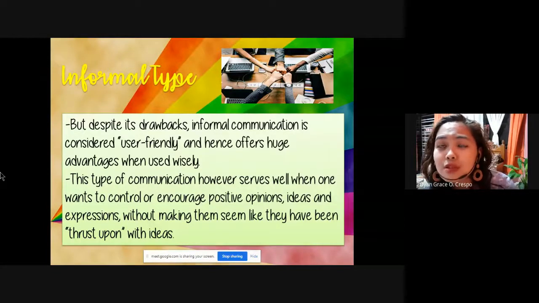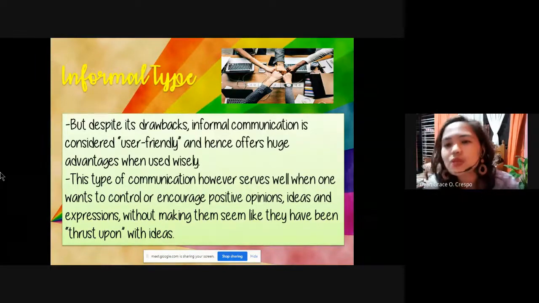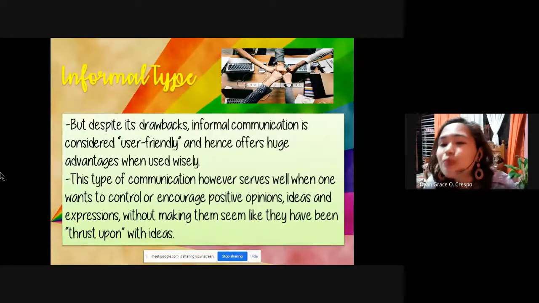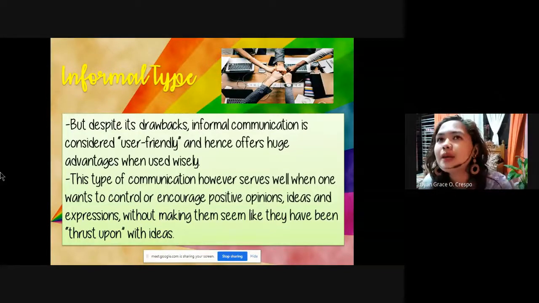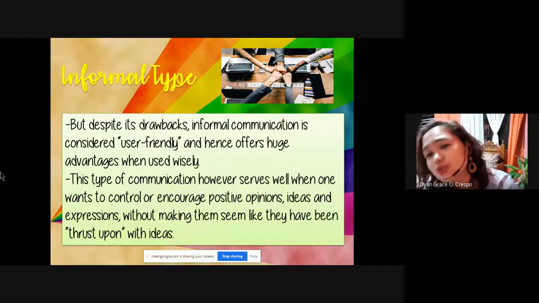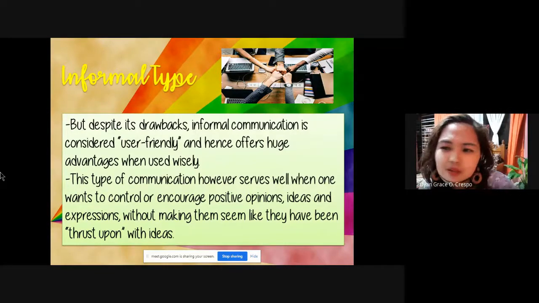So the good thing muna about this one, for example, you use a social media site in order to promote a positive thought, to encourage other people to believe in this kind of things, which is true, or maybe some experiments have been done, or a lot of things. Ang daming positive ng informal type, lalo sa social media.